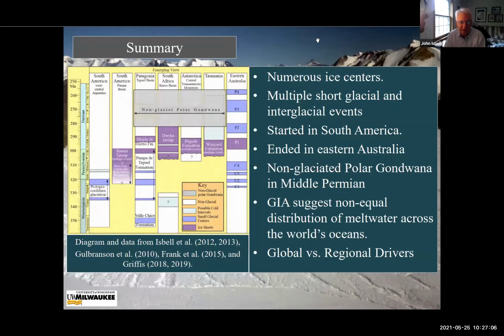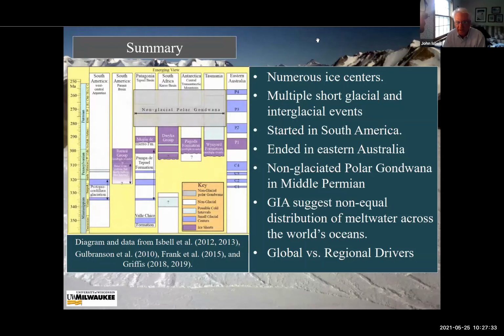But once you get into the Kungurian and middle and late Paleozoic, there's just no evidence for any ice anywhere except Eastern Australia. And the evidence for ice in Eastern Australia during Australian P3 and P4 is glendonites and ice rafted material.